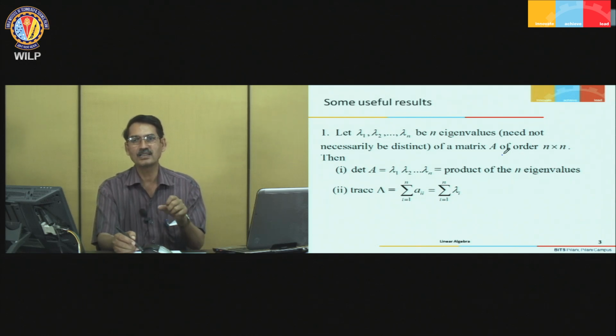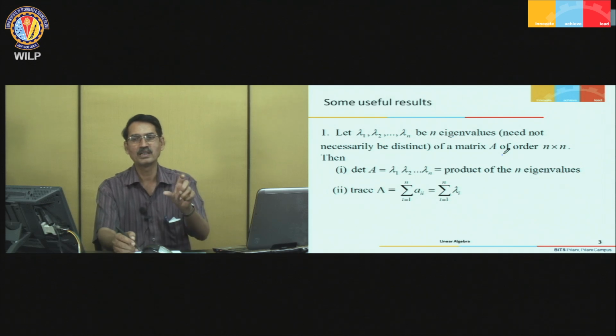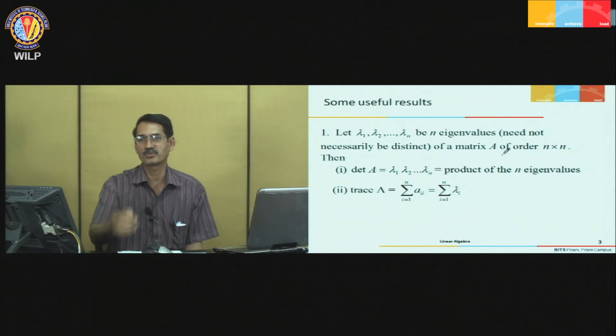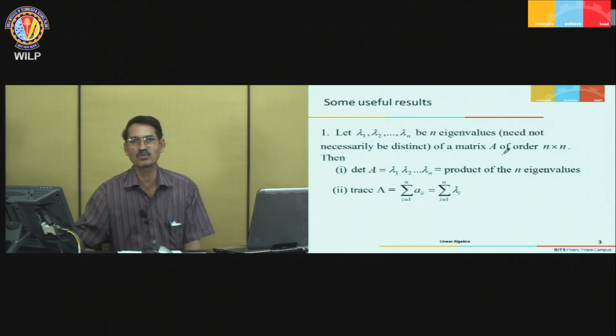Without going through the usual process of calculating the determinant, if eigenvalues are known, we can see immediately that the determinant of the matrix is the product of all eigenvalues. So, determinant of A will be lambda 1 into lambda 2 into lambda 3 and so forth into lambda n.